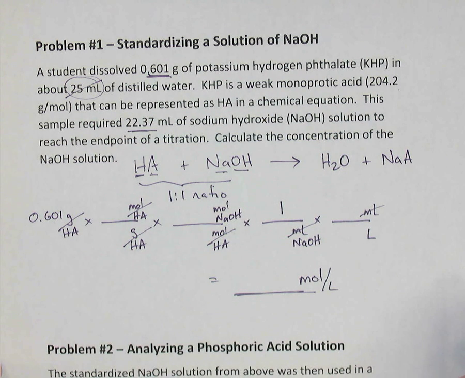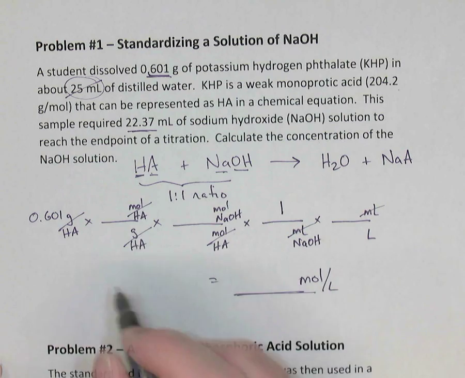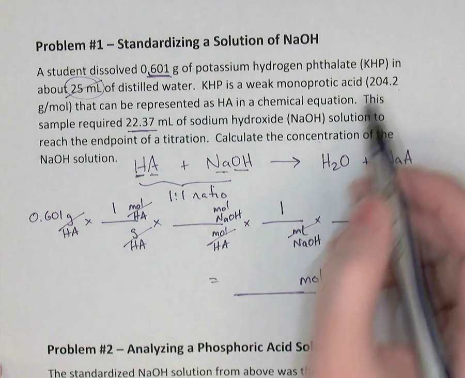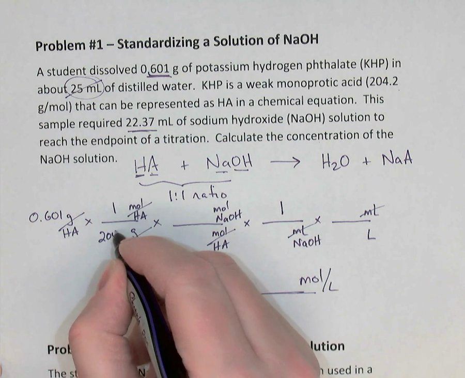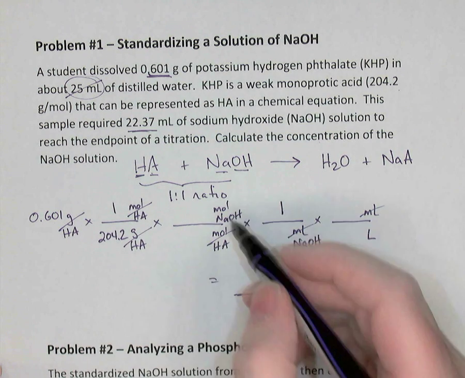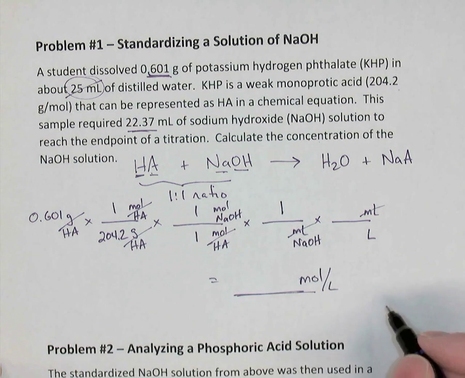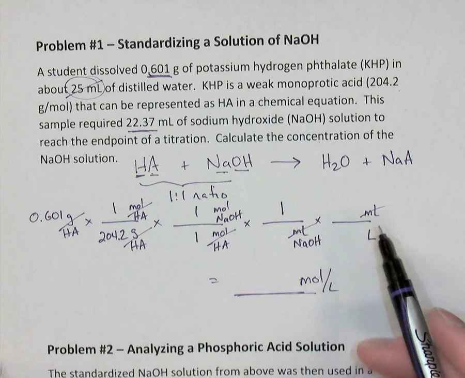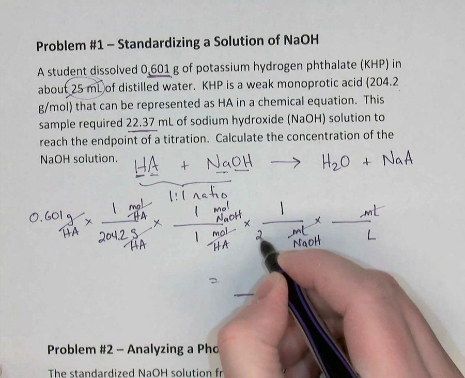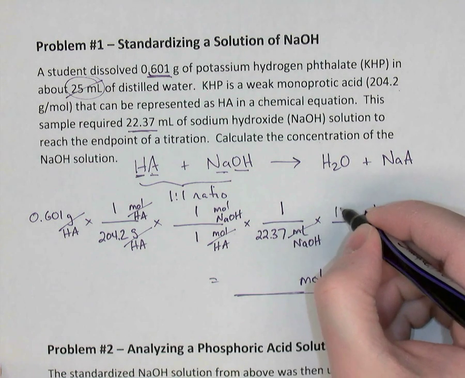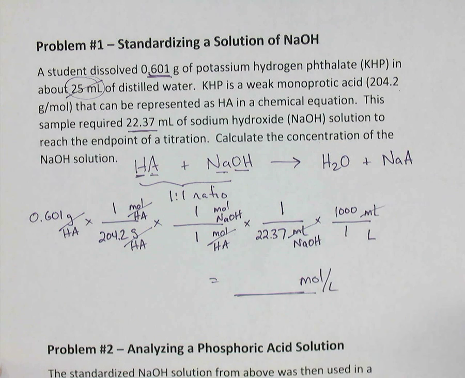So now let's put the numbers in the unit multipliers. 1 mole of the acid has a mass of 204.2 grams. That's my molar mass. From the balanced equation, 1 mole of the base requires 1 mole of the acid, or 1-to-1 ratio, and the volume was 22.37 milliliters of base, and I know there's 1,000 milliliters in 1 liter. That's just by definition.